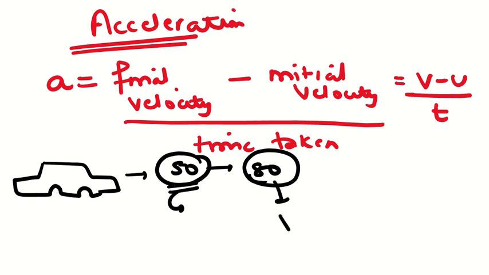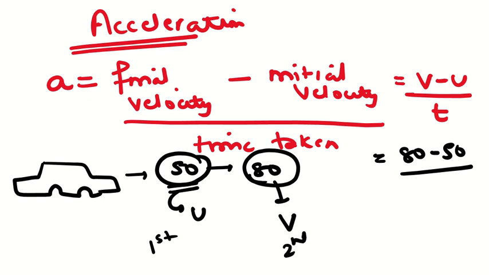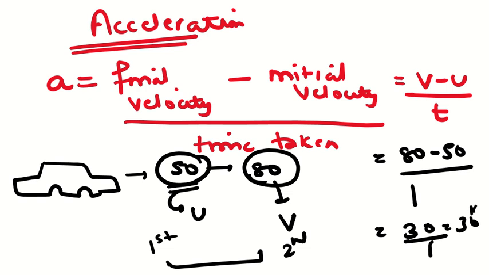So the final velocity was 80 and the initial was 50. So it will be 80 minus 50, and the total time taken to change was 1 hour, right? So the acceleration comes out to be 80 minus 50, which is 30, divided by 1, so just 30 kilometer per hour square.